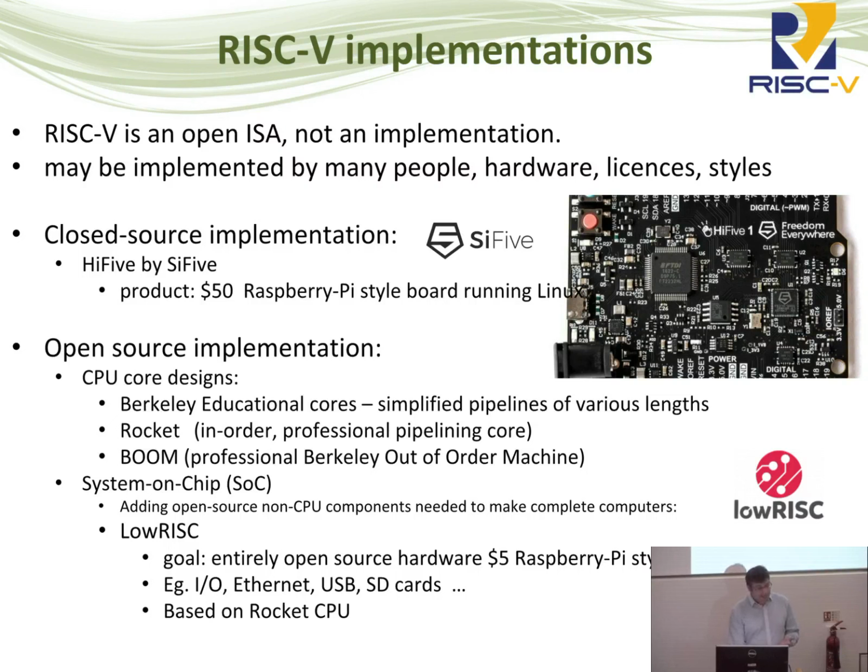So they're taking one of these open source cores, the Rocket core, and they're adding all their own extra open source designs. And if this comes to fruition, it will be revolutionary. It will be the first time you can have a fully open source computer where everything is open source, right down to the transistors, right down to the sand in the silicon, for a fully open source hardware computer.